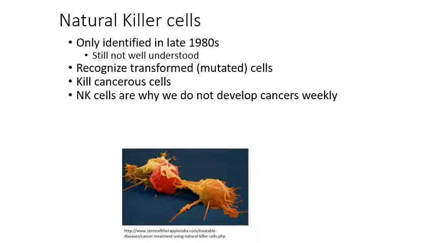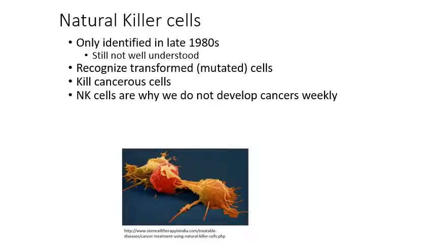All right, and the last aspect here of your second line of defense, or your internal innate barriers, are natural killer cells. These cells look a lot like lymphocytes, and in some ways they act a little bit like lymphocytes. Basically, what they can do is recognize when your own cells have been compromised.